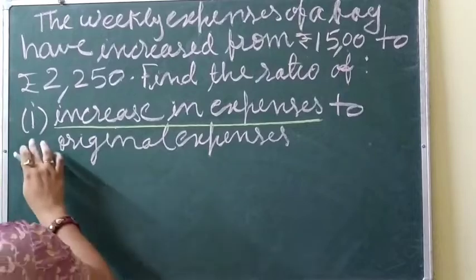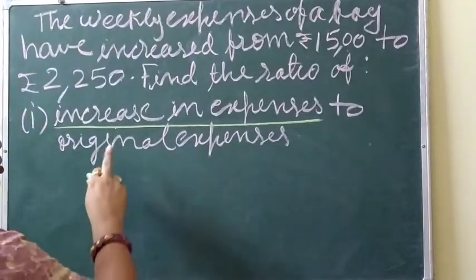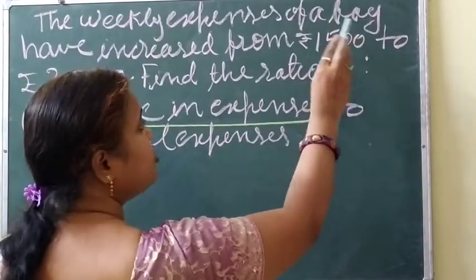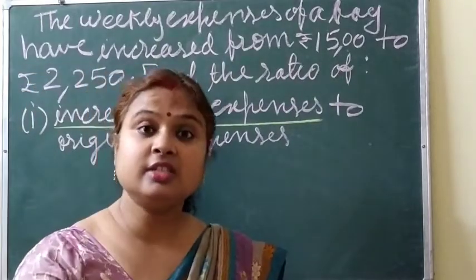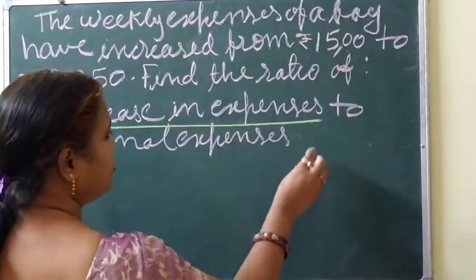Find the ratio of the increase in expenses to original expenses. So first we will find out the increase in expenses. 1500 is the original expense, 2250 is the increased expense. Clear?